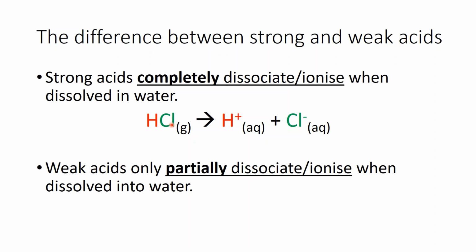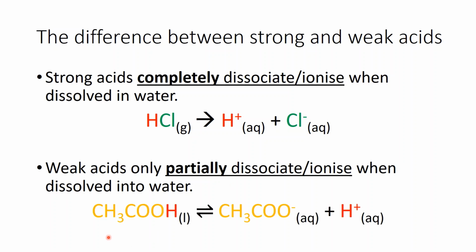Conversely though, weak acids will only partially dissociate or ionize when dissolved into water. So as we saw from the video, we have ethanoic acid, which is a weak acid. It is a liquid at room temperature, but it only partially dissociates into the ethanoate ion and hydrogen ions.